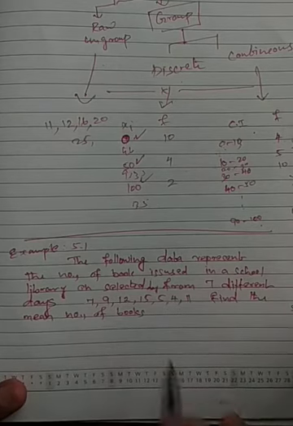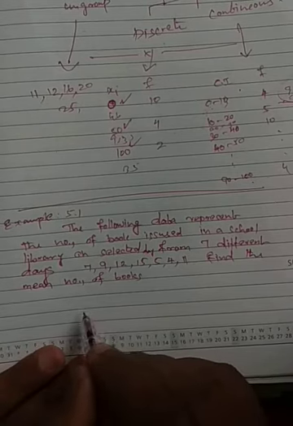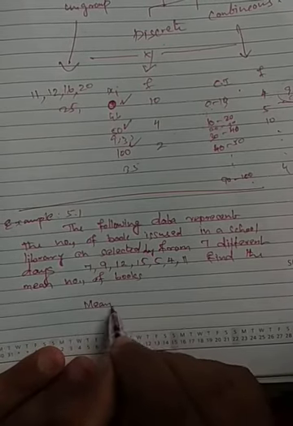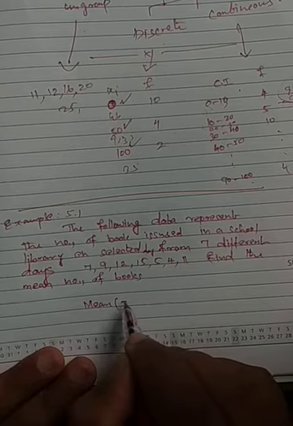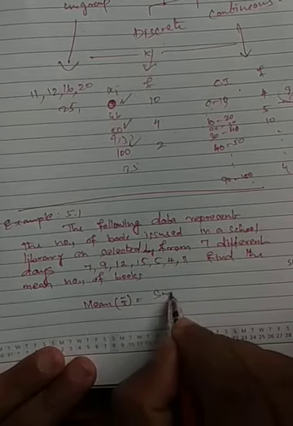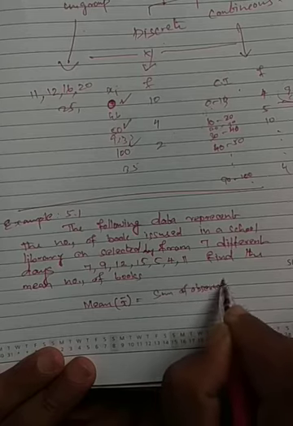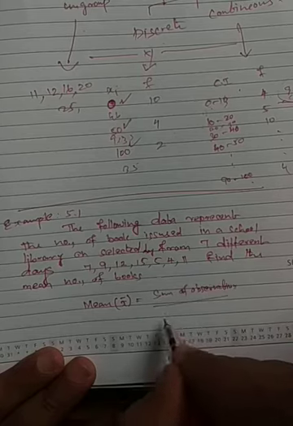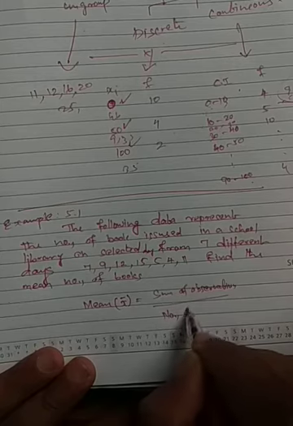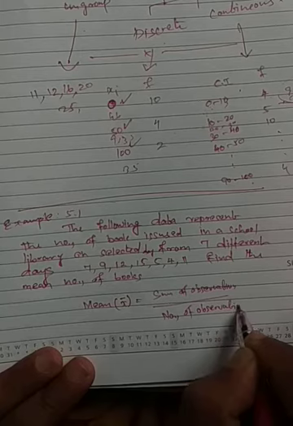Find the mean number of books, they are saying. Average means what you will do? Average, that is mean. What's the formula? The mean formula is usually written as x bar, which is the sum of the observations divided by the number of observations. That's the formula. Mathematically, how are we going to write it?